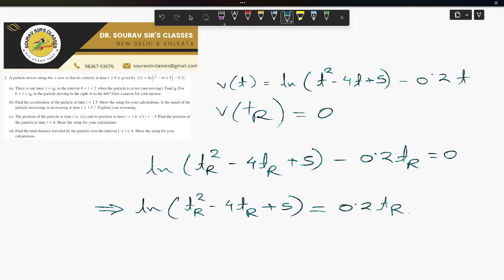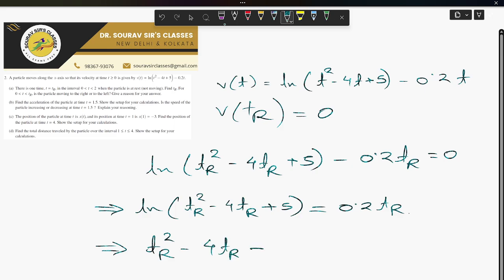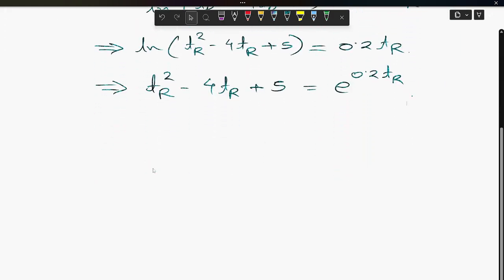So now exponentiate both sides. Then we will get tr squared minus 4tr plus 5 equals e to the power 0.2tr. Very good. Now if we solve numerically, or if we apply Newton's method, then we will get the approximate answer.